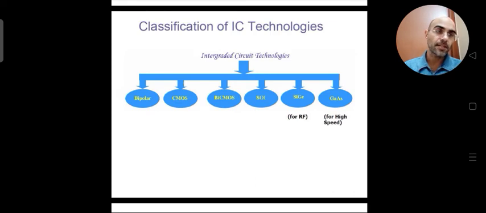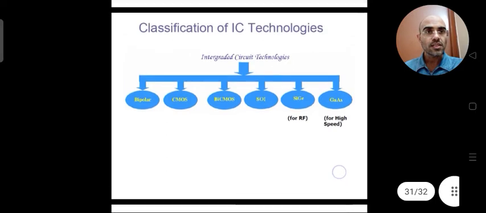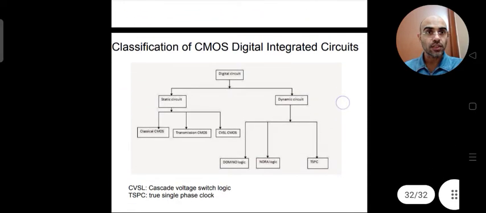Gallium arsenide circuits are for other high speed applications, or for high frequency applications, I should say. So this is the classification of various IC technologies.